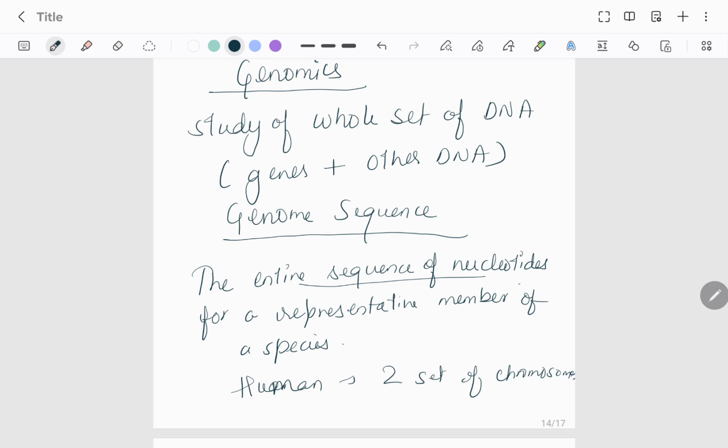And in one set, there are 3 billion nucleotide pairs of DNA. So 3 billion nucleotide pairs. Clear? Okay.